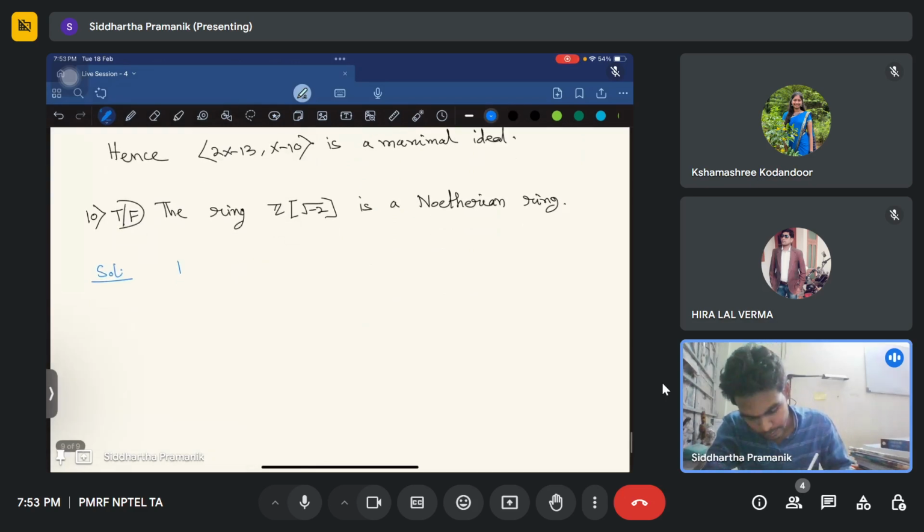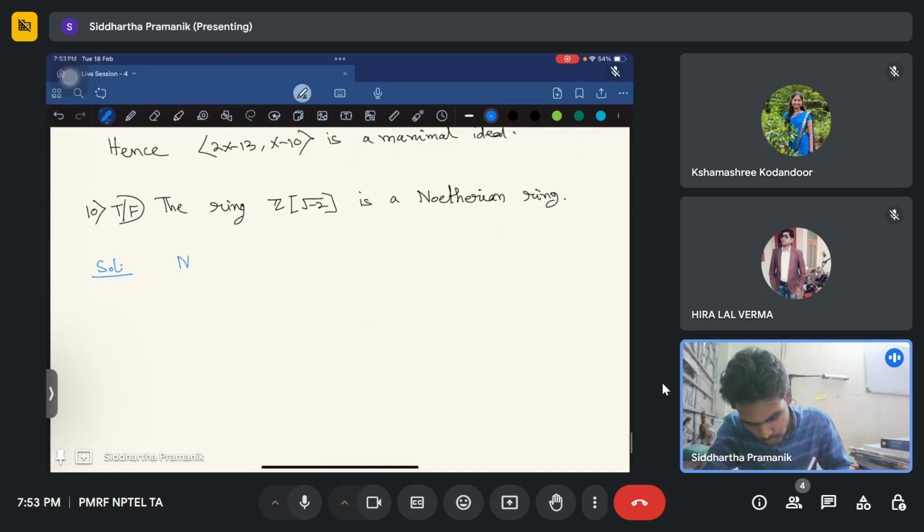Okay, so let's see this. First note that Z[root minus 2] is basically isomorphic with Z[x] mod x squared plus 2. Why?